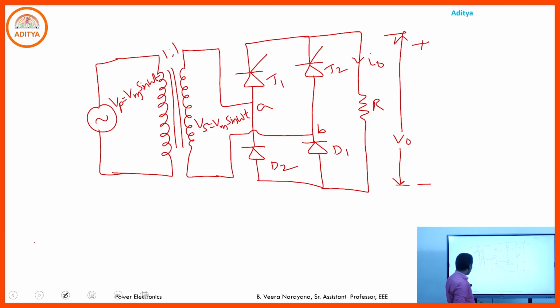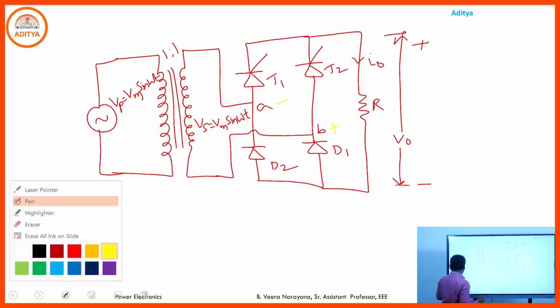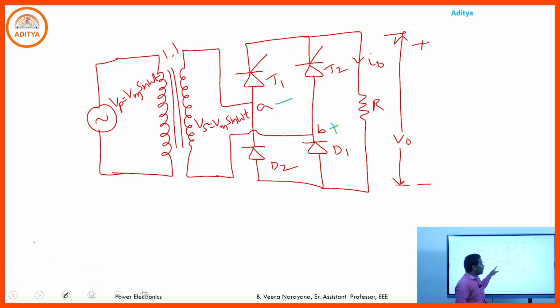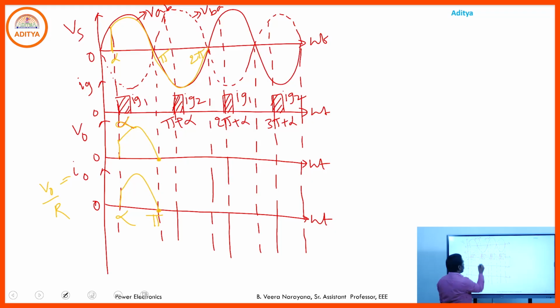During this negative half cycle, terminal A is negative and B is positive. Corresponding to that, T2, D2 are in forward bias, and T1, D1 are in reverse bias. At omega t equals pi plus alpha, we provide the gate pulse to the second thyristor, hence we can mention here Ig2. Due to that, from pi plus alpha to 2 pi, T2, D2 are in the on state.